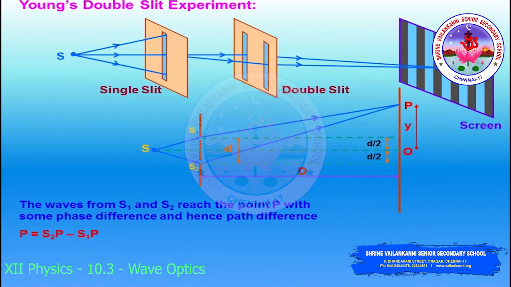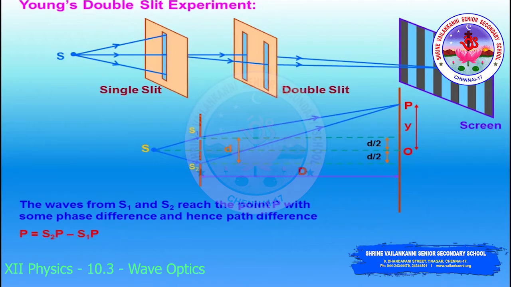Small d is the distance between the two slits. The dotted line you are seeing, the source S, we have taken the center O, and the two dotted perpendiculars B and A.